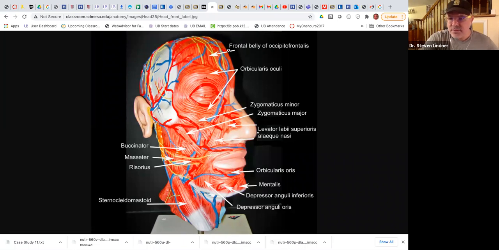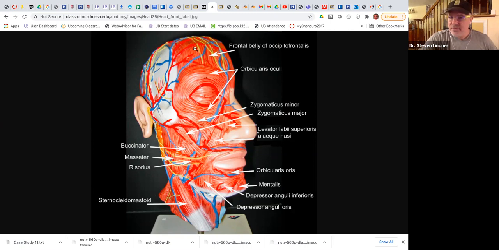So you can see the frontal belly. Well, frontalis is how we learned it, but it's the frontal belly of the occipitofrontalis, because the frontalis is here. And then there is this aponeurosis, this broad flat tendon that goes back, back, back, and then attaches to another muscle called the occipitalis. So it is the frontal belly of the occipitofrontalis.